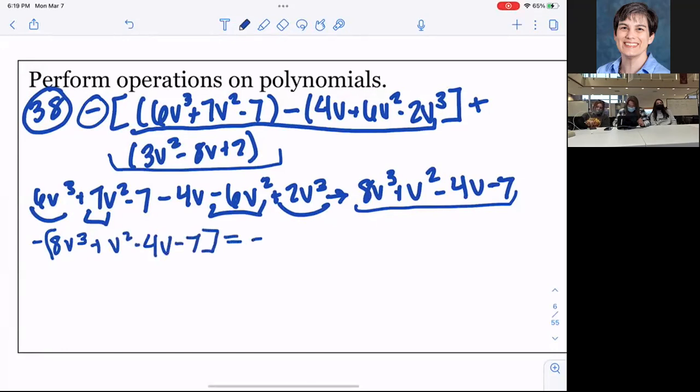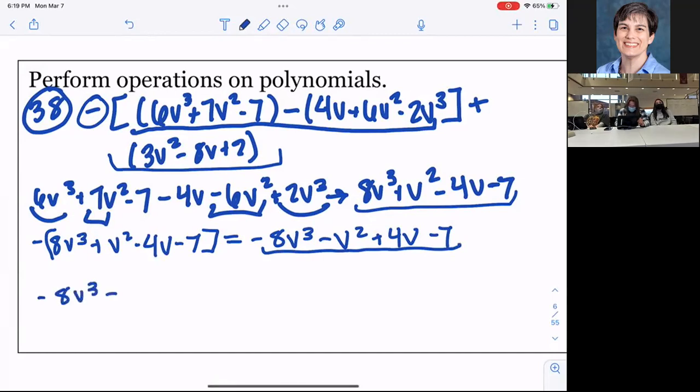That's going to give me negative 8v cubed minus v squared plus 4v minus 7. So I have this, and now I can add it to the other one, right? So I've got negative 8v cubed minus v squared plus 4v minus 7 plus 3v squared minus 8v plus 2.